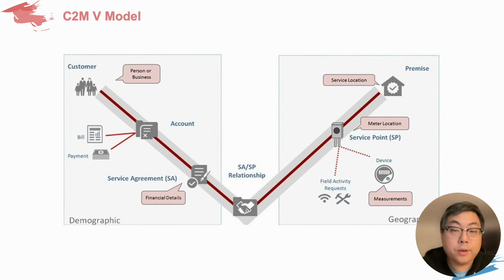And of course, the service point is linked to premise. Premise is a location. So for example, in your home, you might not have just one meter, you might have multiple. If you have gas and electricity, you would have two meters, and they can both be modeled as service points, but you only have one address. So this model gives a lot of flexibility and supports different scenarios, B2B, B2C, and I&C.